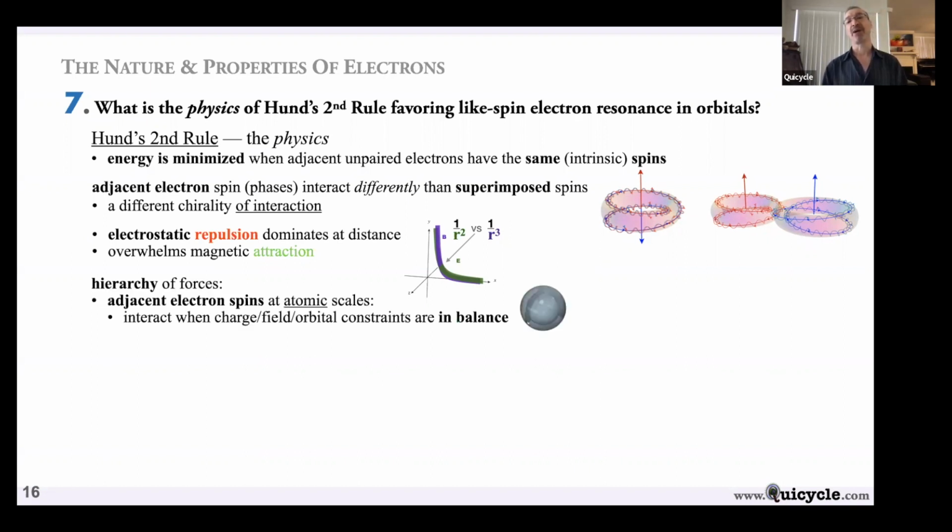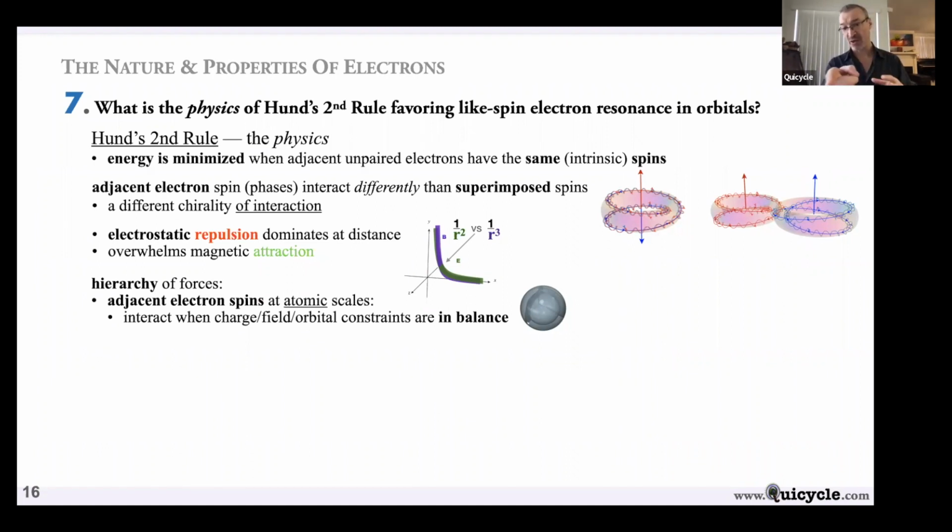So when we're talking about atomic scales, the hierarchy of forces suggests that adjacent electron spins are only going to be able to come into play once the electrostatic charge repulsion is in balance with any magnetic field interaction that's there, as well as the constraints of the atomic orbital geometry.